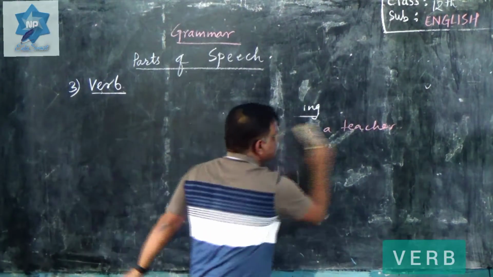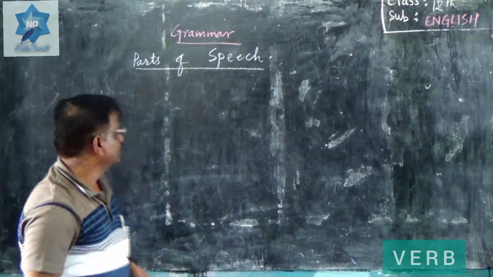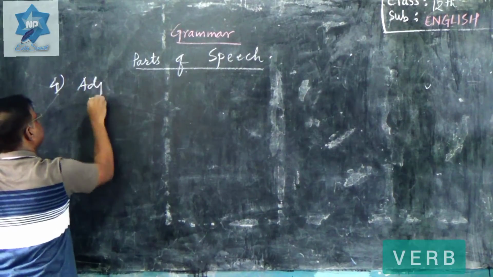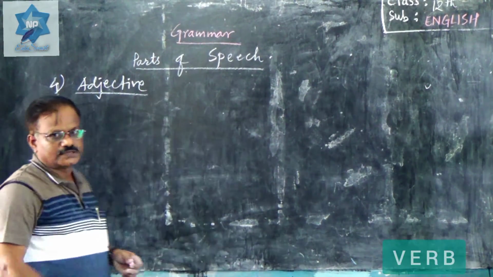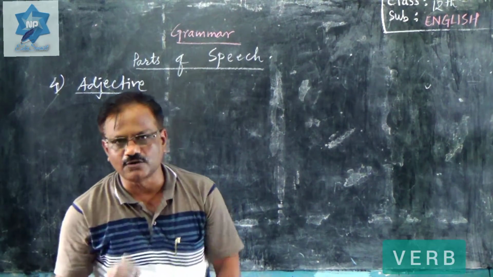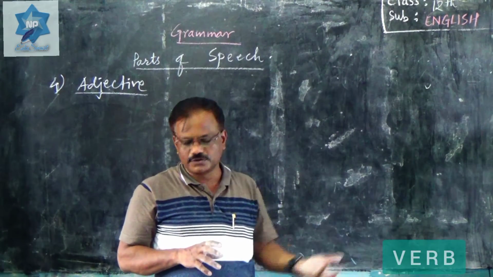The next parts of speech is adjective. Okay. Fourth parts of speech is adjective. So what is an adjective? Adjective is nothing but a word that modifies a noun. A noun can either be singular or plural, whatever.